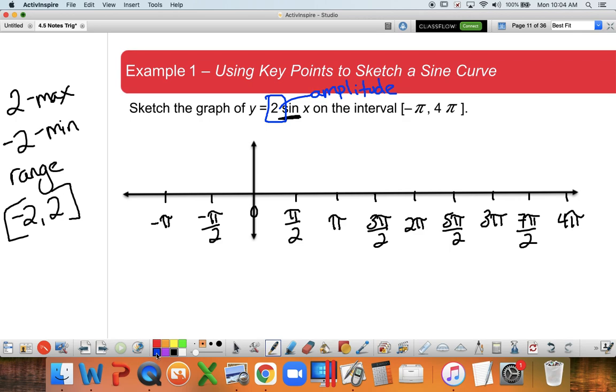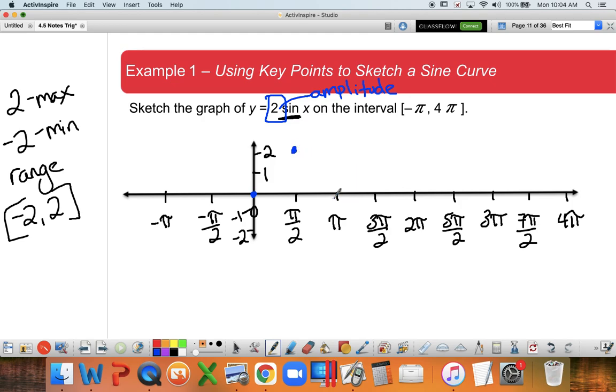So our sine curve at 0, we have a sine value of 0. So I'm going to start there. Now at pi/2, I know that I go up, and normally I go up to 1, but now I'm going to go up to 2. So on my y-axis, I've got 1 and 2, and then down here I'll do -1, -2. So at pi/2, I'm going to go up to 2.